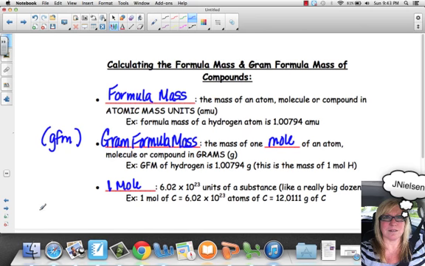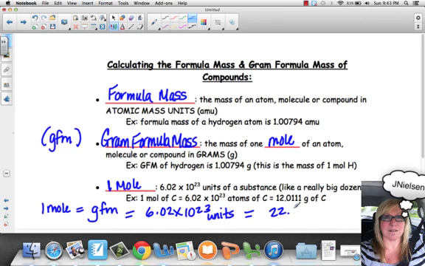So what you need to know is that 1 mole equals the gram formula mass. It also equals 6.02 times 10 to the 23rd units. And we'll also learn that it equals 22.4 liters if the substance is a gas.